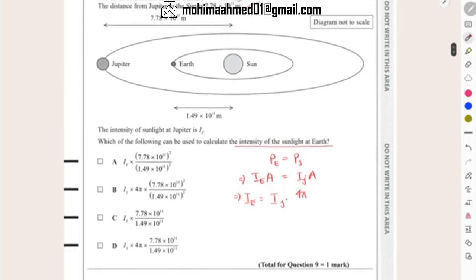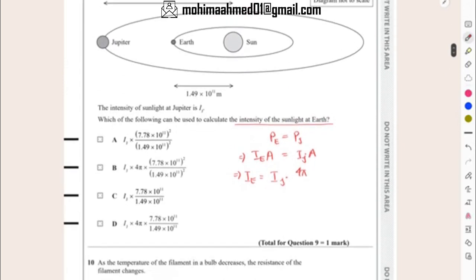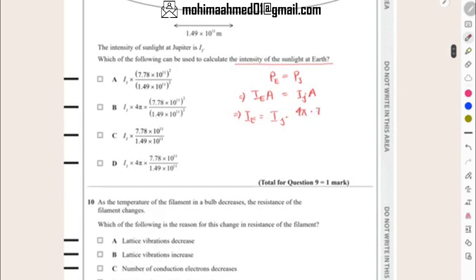The radius of Jupiter was 7.78 times 10 to the power 11. Everything divided by 4 pi times 1.49 times 10 to the power of 11, right?